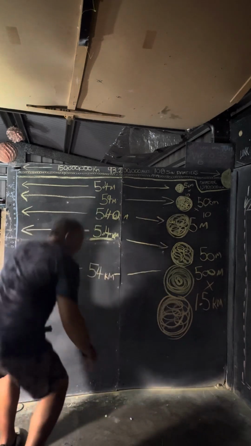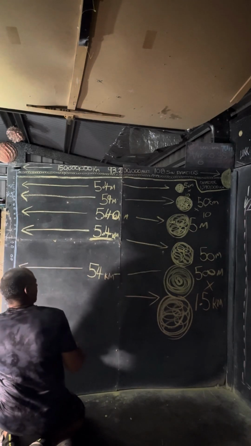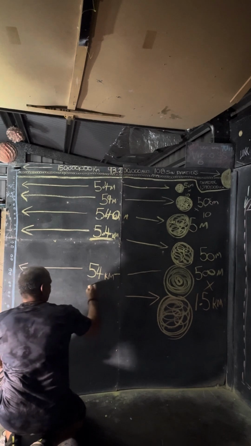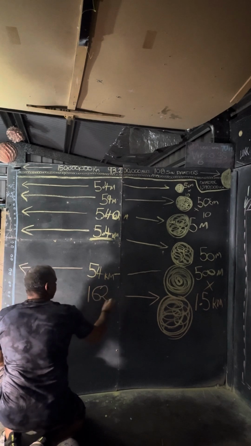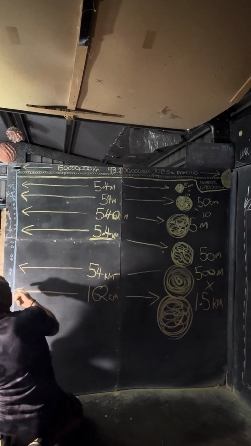Let's multiply this by 3 to keep everything nice and tidy. 54 times 3 is 162. 162 kilometres. And planet Earth, it doesn't matter.